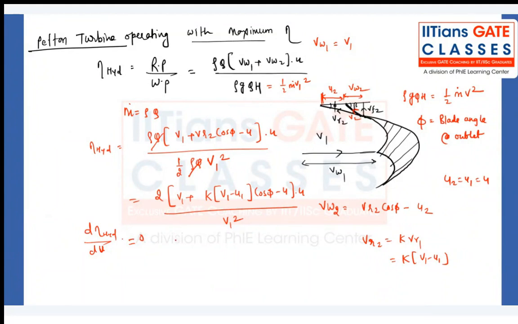What will you get here? Multiplying this v1 with the u, you will get v1 plus k cos phi v1 minus k times 2u cos phi minus 2u, and that is equal to 0.